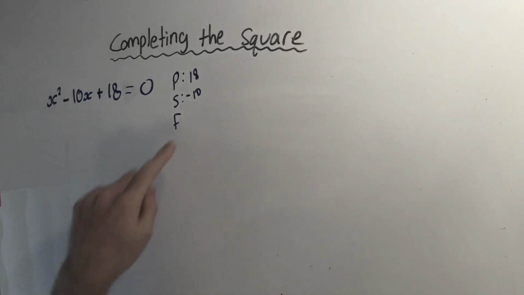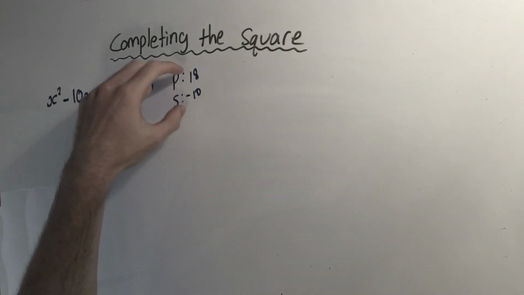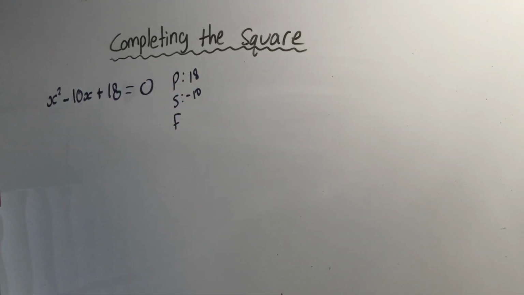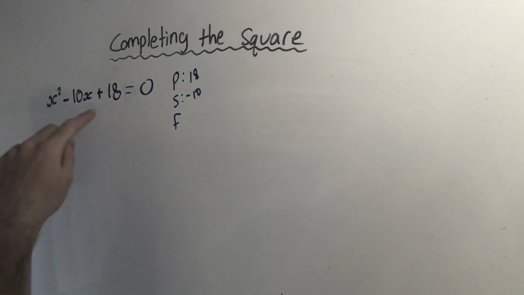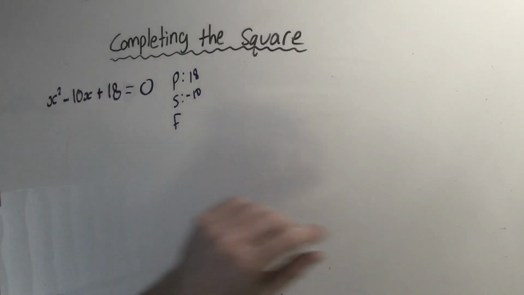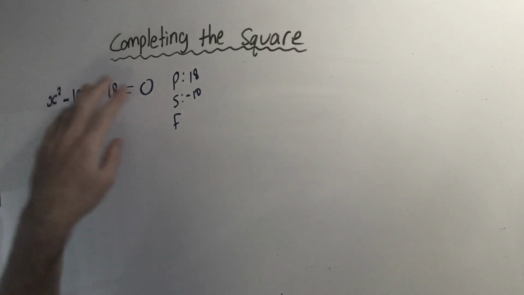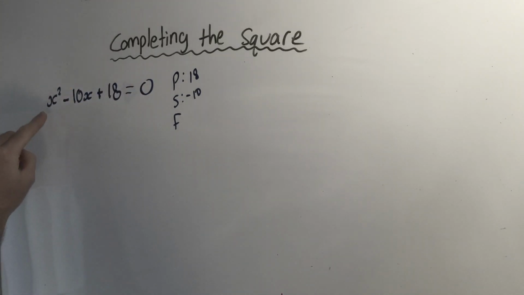So that's a problem. That means I can't think of two whole numbers that will allow me to do the PSF method. But in reality, there is an answer to this equation. There are answers, but the PSF method isn't going to work in this case, and that is because the answers are not going to be whole number answers. If this was a parabola, it's basically saying that's where the x-intercepts are.